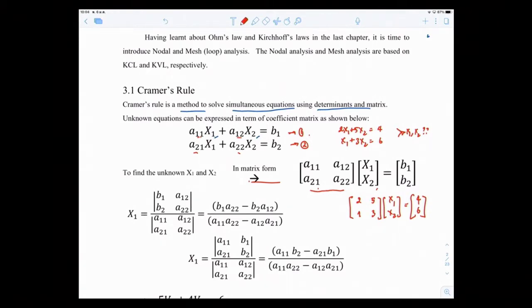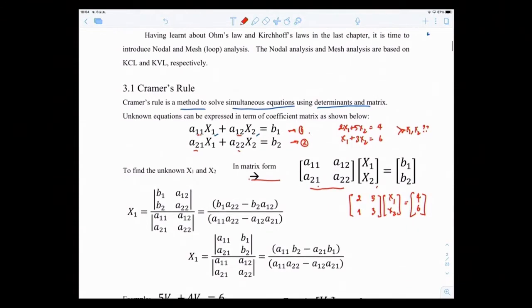To find x1, you have to take a determinant. You replace the first column of your A matrix with this matrix right here, b1, b2, and divide by the determinant of the matrix A itself.